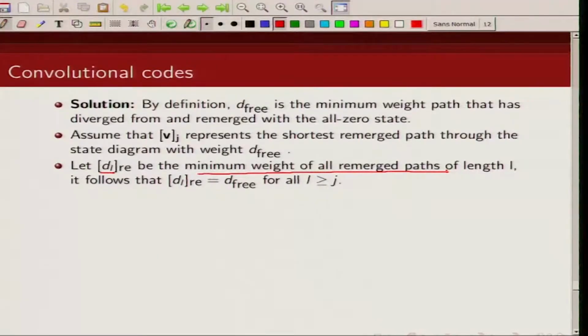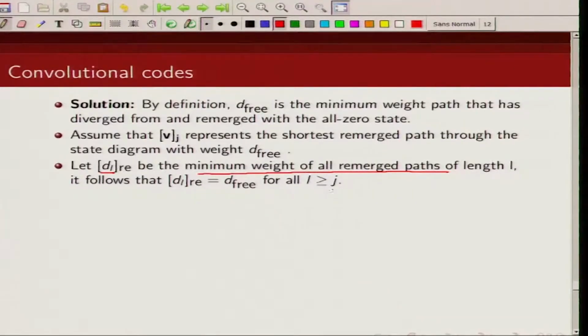These are paths which diverge from the all 0 state and then merge back into the all 0 state. Now, what we are saying is for t equal to j, that is the smallest re-merge path, which has weight equal to d free.